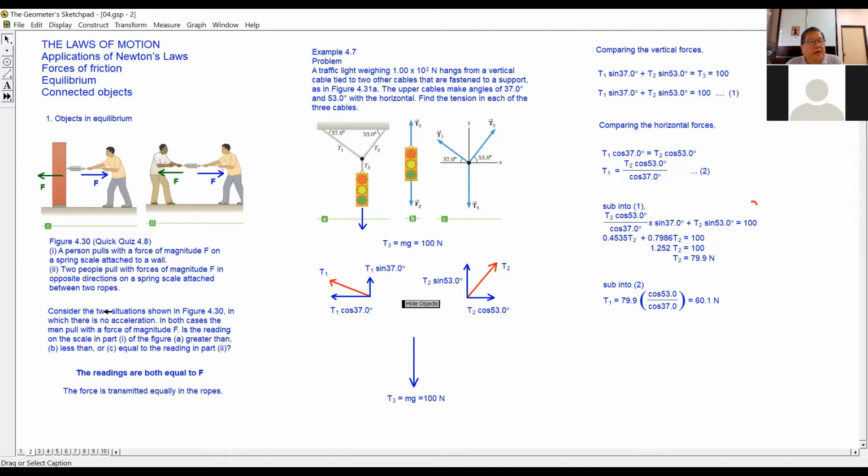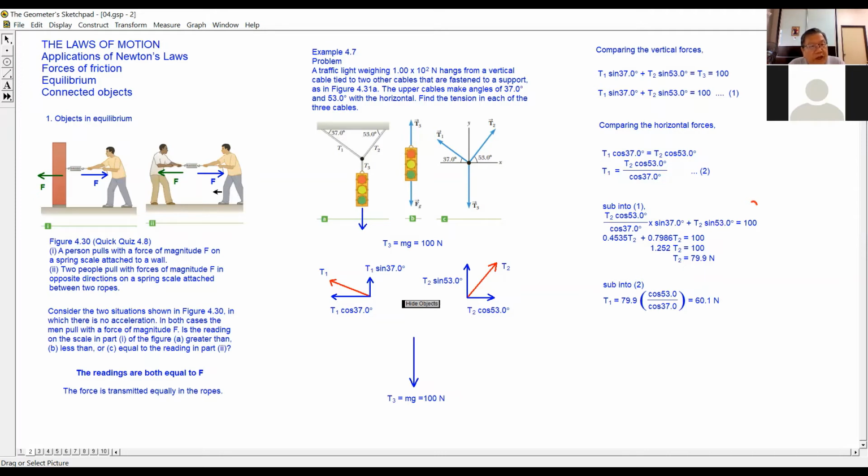Okay, so in the second case, two people pull with forces of magnitude F in opposite directions on a spring scale attached between two ropes. It means that actually the man is pulling the rope. The rope is attached to the balance. The second man is also pulling a rope. The rope is attached to the other end of the balance.